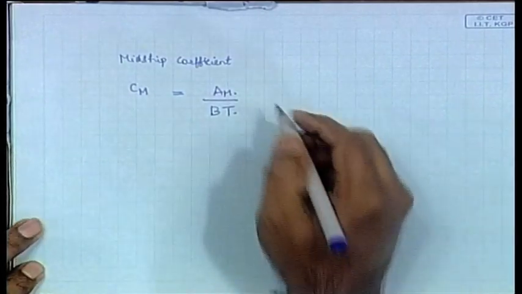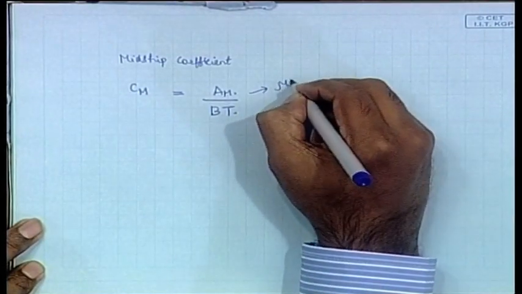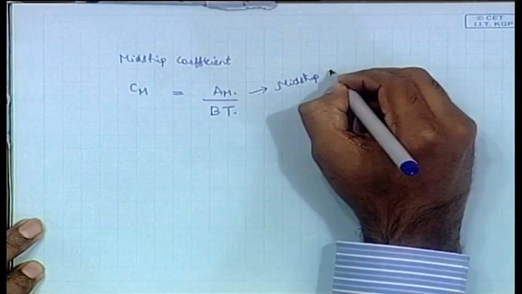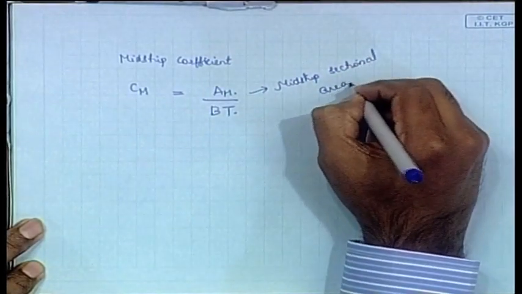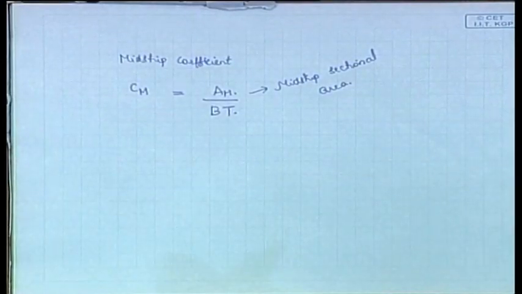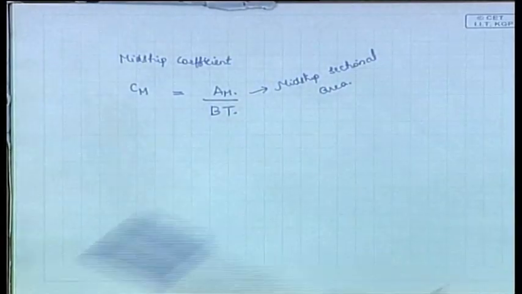Now Am represents the midship sectional area. What does that mean? When you have a ship like this, you go to the midship, the middle part of the ship, and you slice it like this. This whole area is what you call the midship area. That is Am.